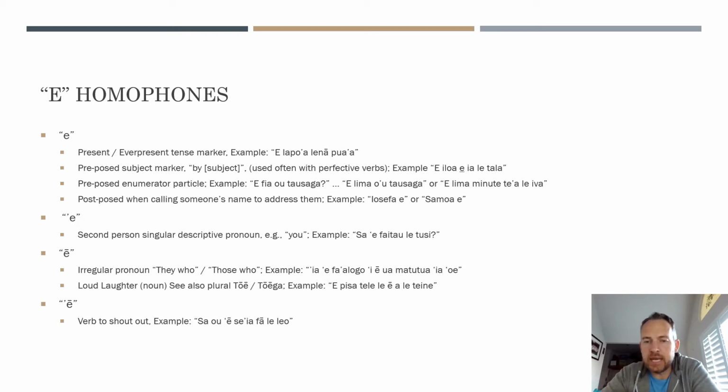And then i e is to those. Ua matua, ua is a tense marker. Matua means more mature or older than ia oe. So ia actually means than in this case, and oe is again a different form of the pronoun you. So what this all translates to is listen to those who are older than you.